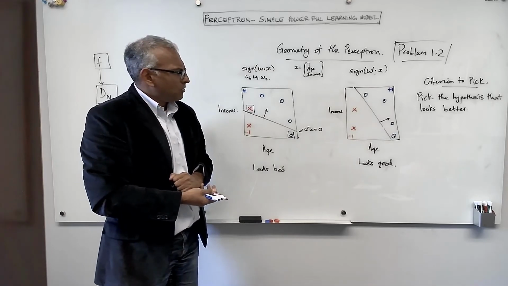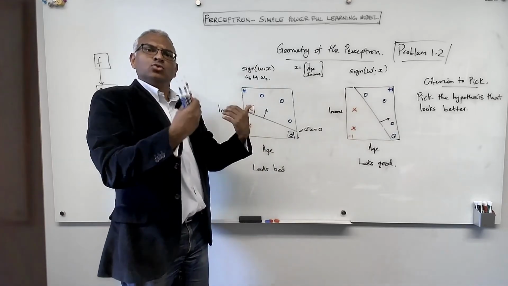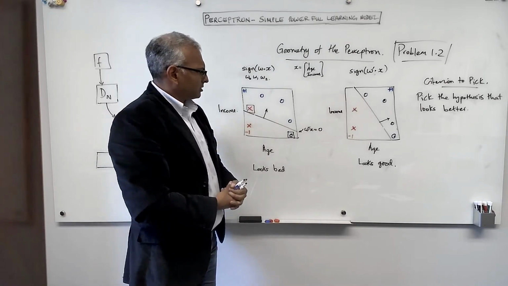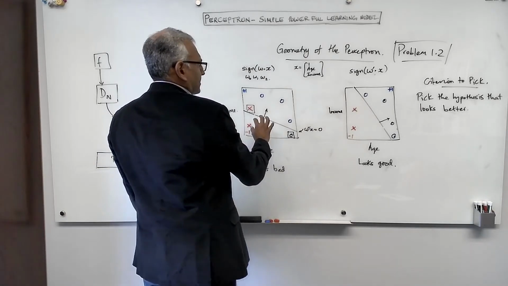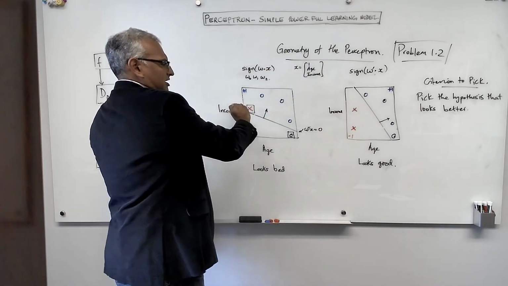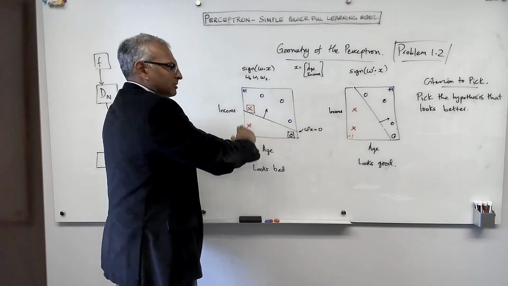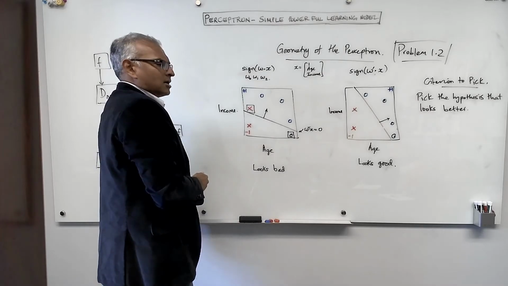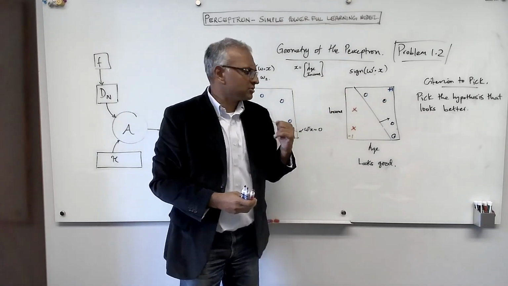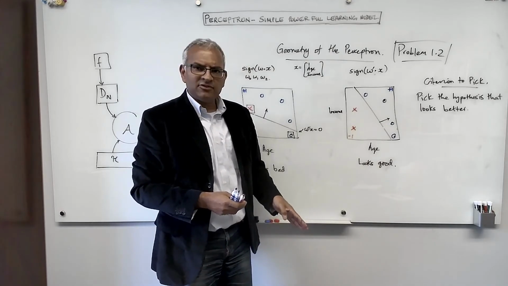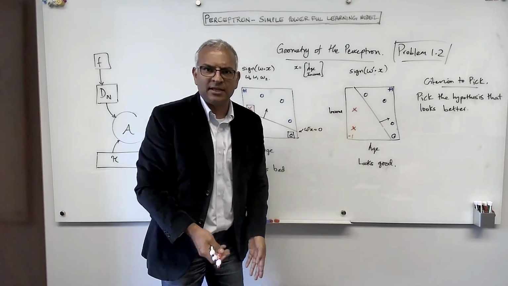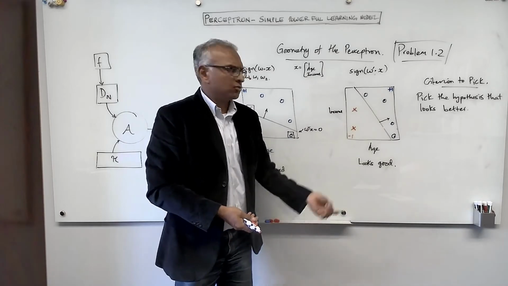And now we have to implement the criterion and actually do the picking. And you say, oh, well, remembering that the geometry of the perceptron is that it produces a hyperplane, or a line in 2 dimensions. One side is blue, one side is red. How do we pick the one that looks the best? Oh, just look at the data and pick it. Well, that's a perfectly valid algorithm if you can look at the data and if it's obvious how to pick it.